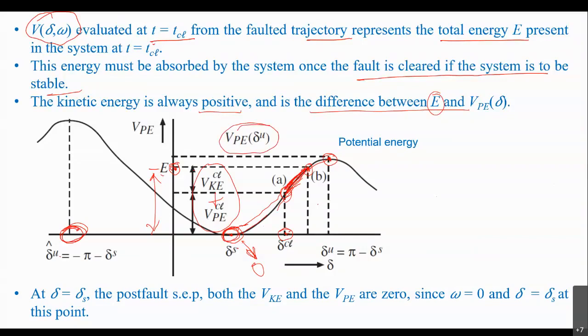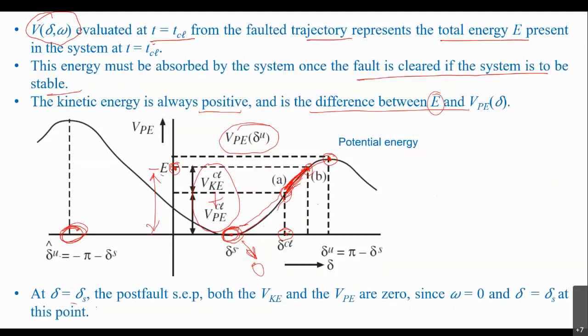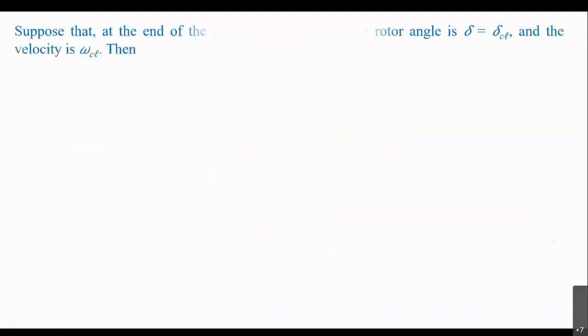We can see here further. At delta equal to delta S, the post-fault stable equilibrium point, both Vk and Vp are 0, since omega equal to 0 and delta equal to delta S. If we substitute these two values in the energy function, this will give us a 0 value.